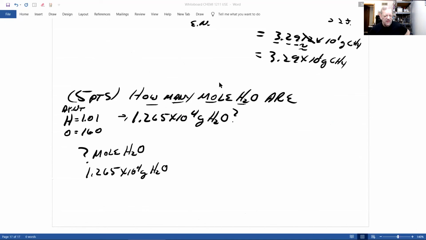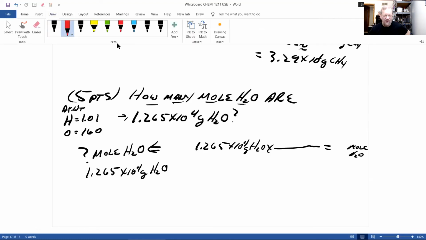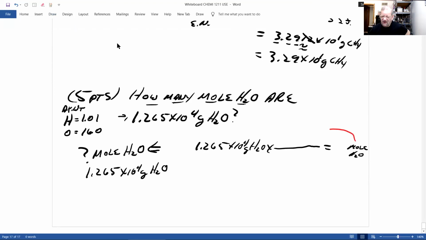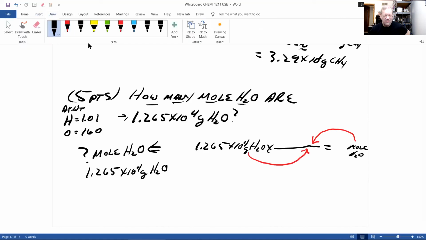And therefore, the only number we have to start with is this. And what units do I want my answer to be? Well, we took the time to figure that out. And that's moles of water. And now use my good friend, and has been for many, many years, unit analysis. Whatever I'm trying to get to goes on top of the ratio. Whatever I'm trying to get rid of goes underneath. And now I'm going to write those units in.